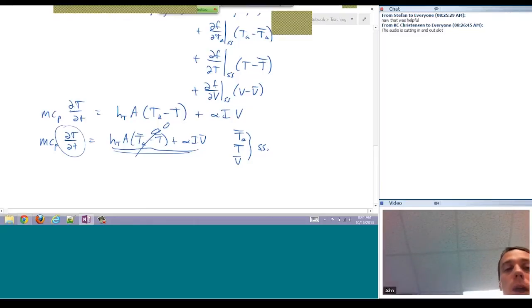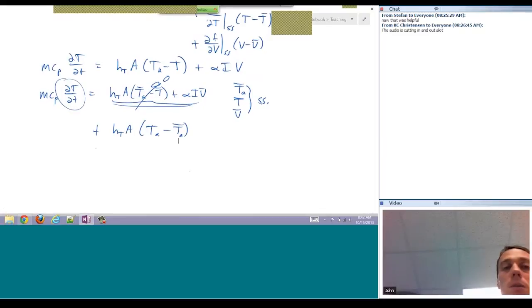Okay, so now I'm going to take the derivative of this function with respect to T ambient first of all. So what does that equal? That's just going to be hA. And then I multiply it by T ambient minus T ambient bar.